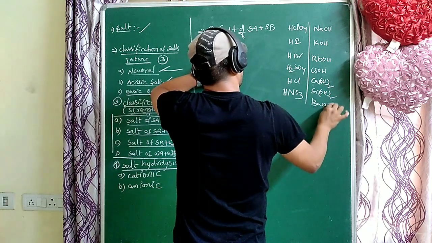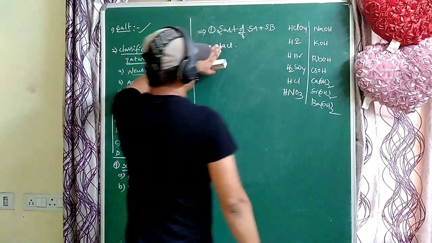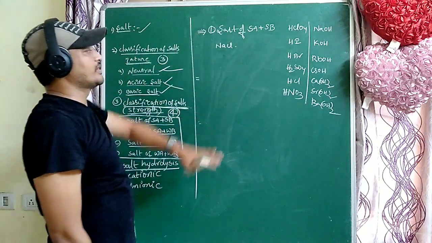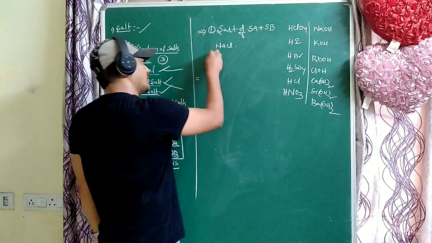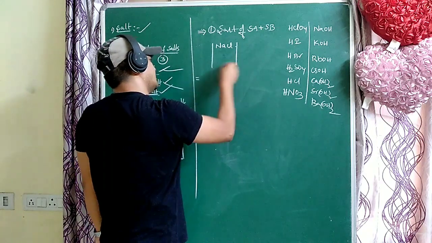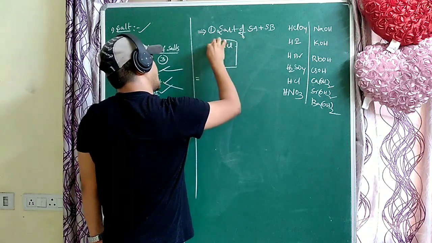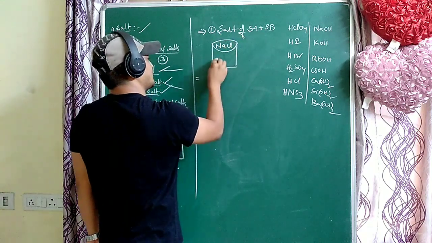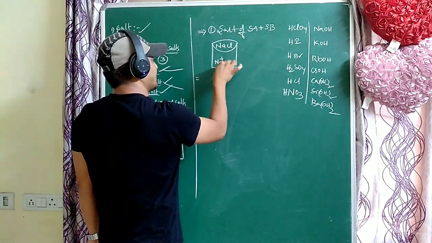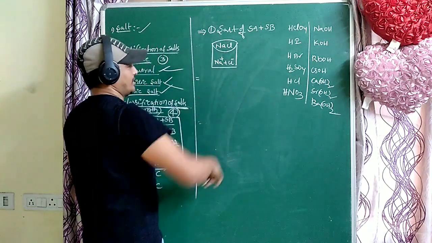These are very strong bases. The salt prepared from a strong acid and strong base is dissolved in water to produce cations and anions. So Na plus and Cl minus are produced in water.